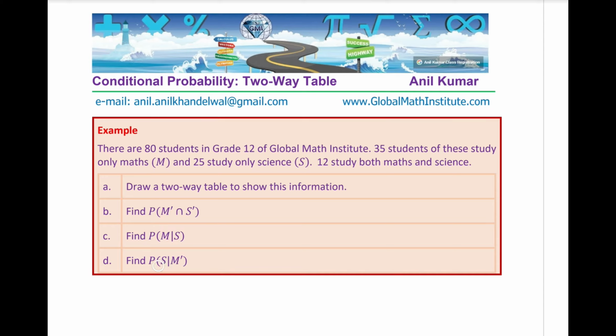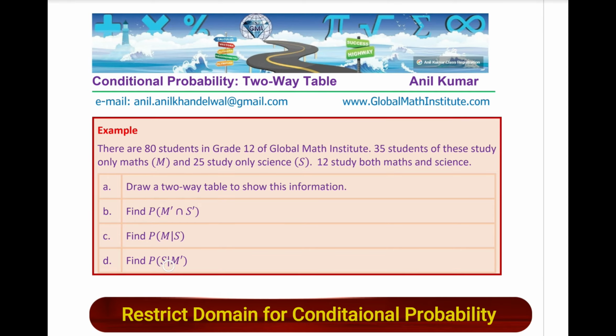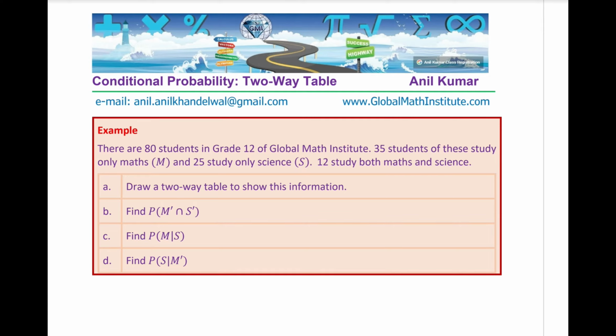That means we have to find the probability of students who are studying science, given that they are not studying maths. You get the idea. So that is the conditional probability question. I'd like you to pause the video, answer this particular question, and then look into my suggestions.